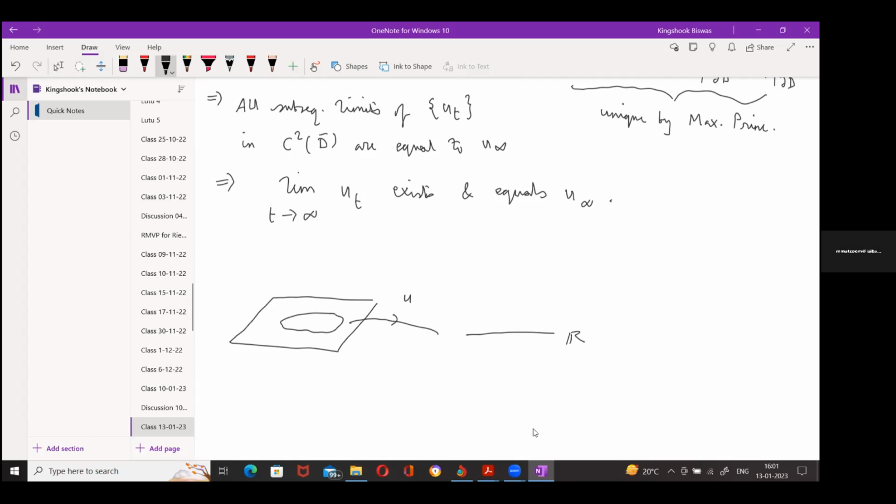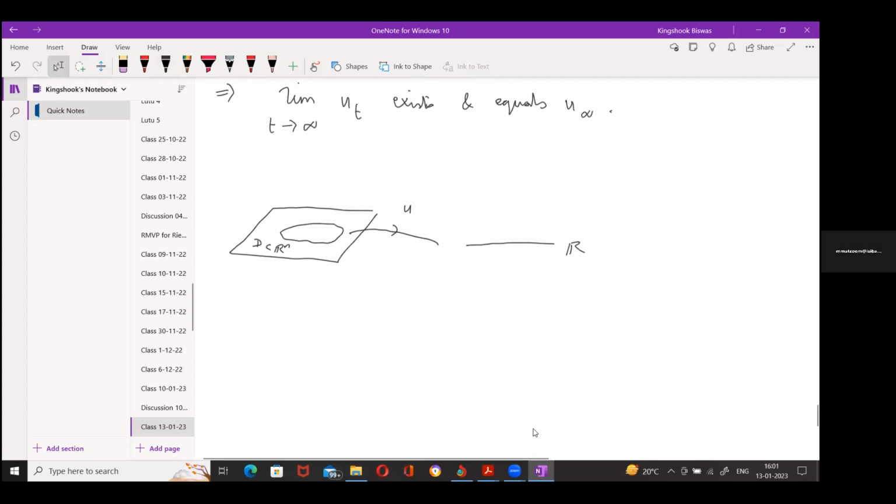Now what we're going to do is, first of all, replace the target. Here they're taking values in a vector space R, so that's why you have a linear equation. But the first thing is to replace the target of your maps by some manifold, so no longer a linear space.